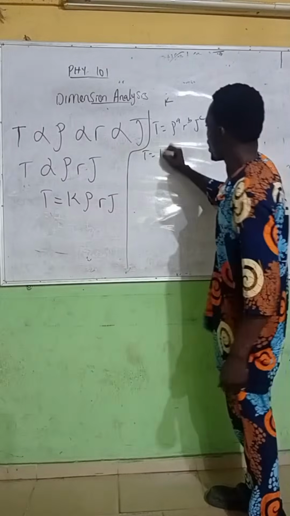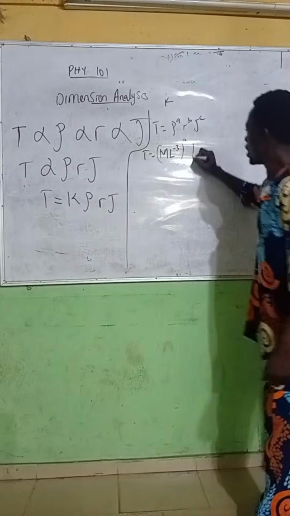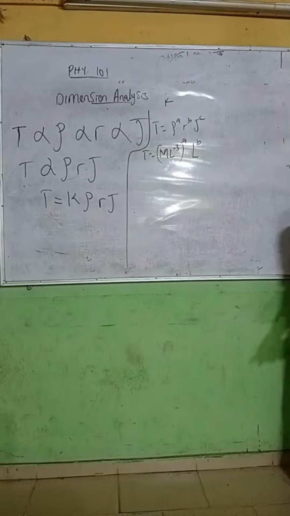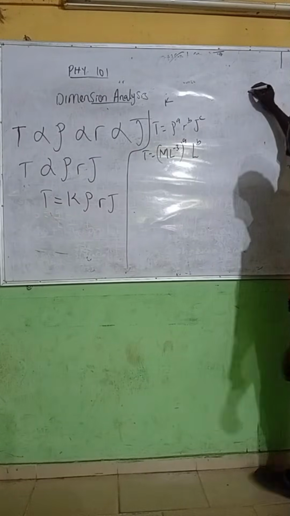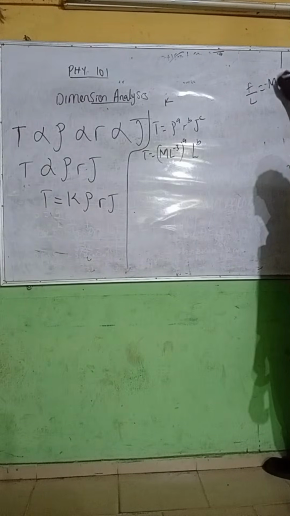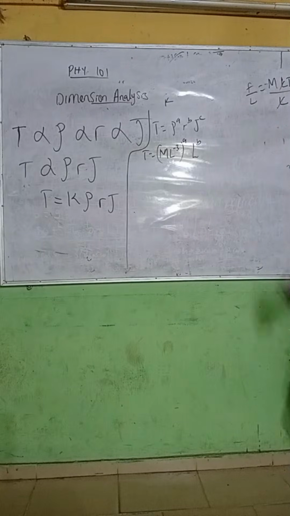So here we have ML minus 3 raised power A, L raised power B, and torque, surface tension rather. That's force per unit length. Force is mass times acceleration. Force per unit length, and force is mass times acceleration. Acceleration over L. That's MT minus 2.